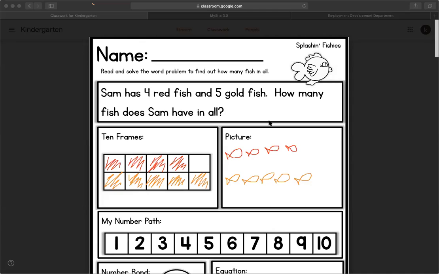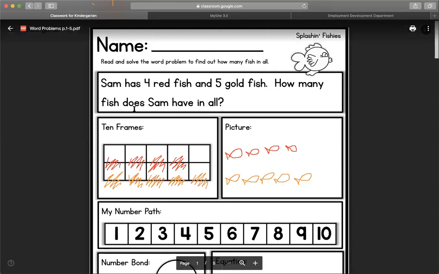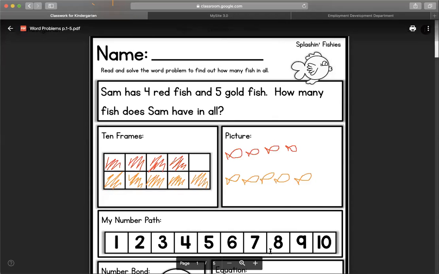Then, once everyone has completed your picture, we just completed one method of showing our work, which is using the 10 frame. Then we did another method, which was drawing a picture. Then we have another method, which would be your number path, which is similar to a number line.